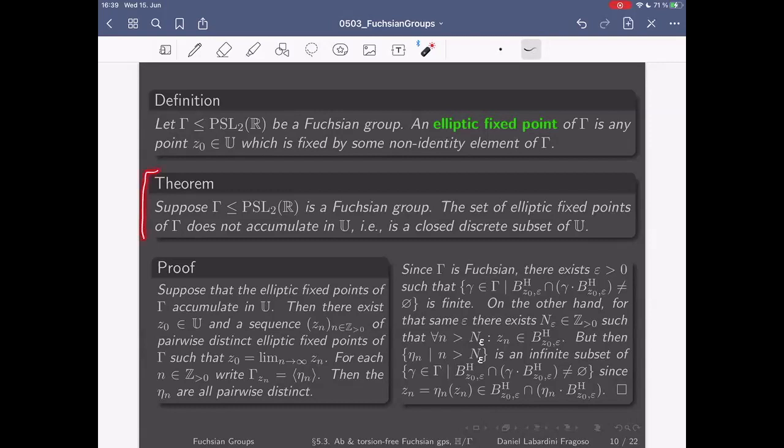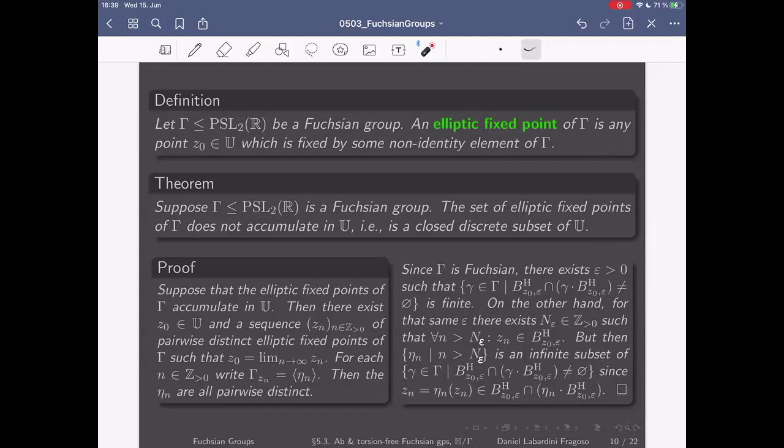And then the result is that if you have a Fuchsian group, then this set of elliptic fixed points cannot accumulate in U. So the set of elliptic fixed points is a discrete subset of the upper half plane.